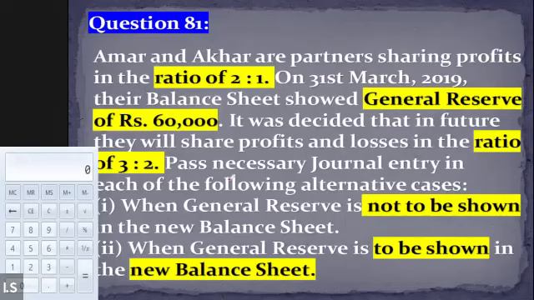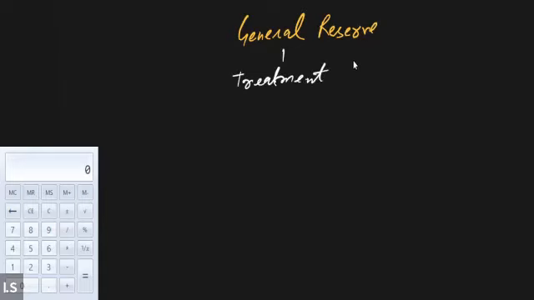So let me just explain a little about the different scenarios of the general reserve. Whenever general reserve is given in the question, how we will be treating it depends upon two things.